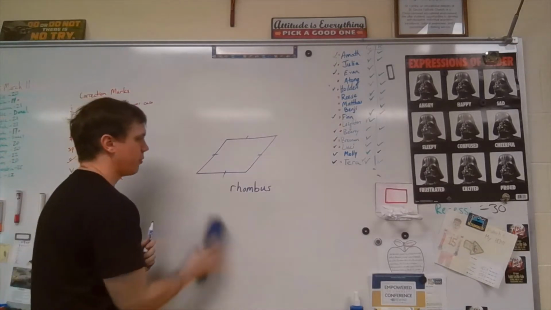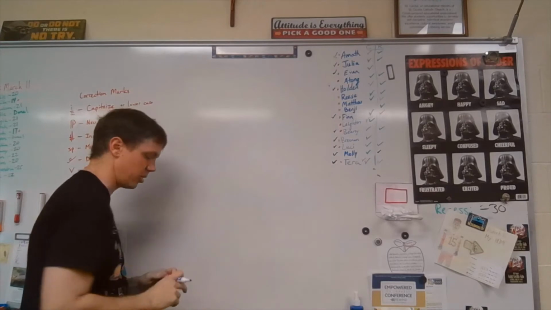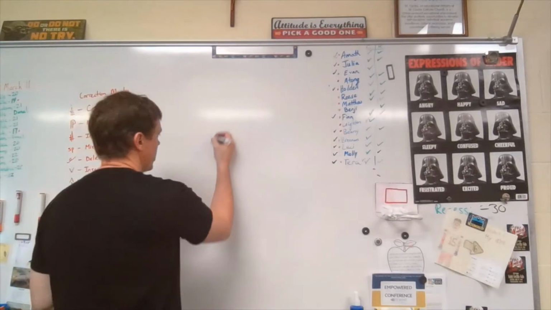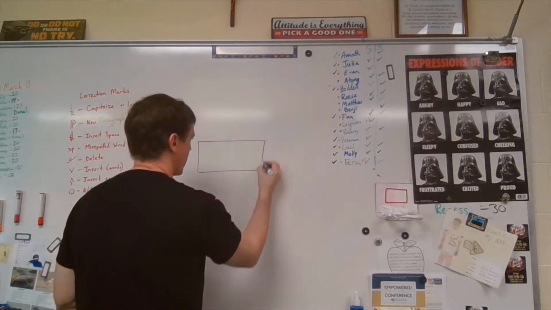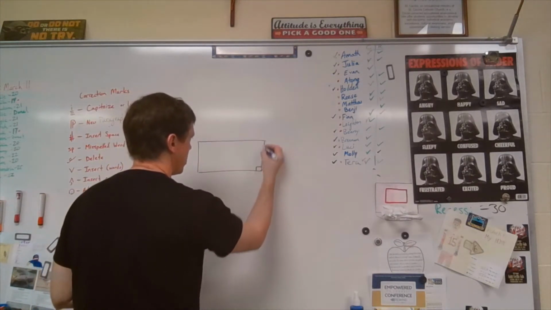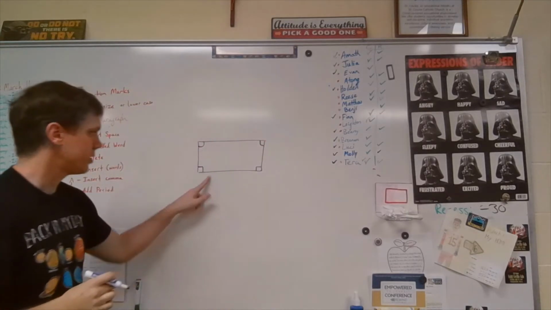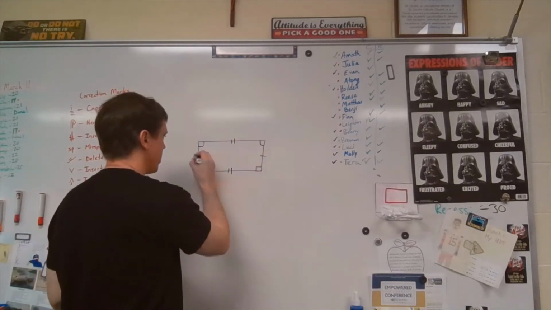Now, there's another type of special parallelogram, which is called a rectangle. You guys all know what a rectangle looks like. Okay. Now, notice these sides are parallel, and these sides are parallel, but they're not the same length.